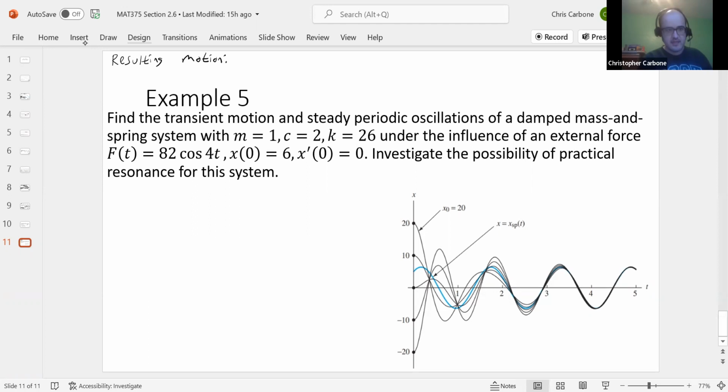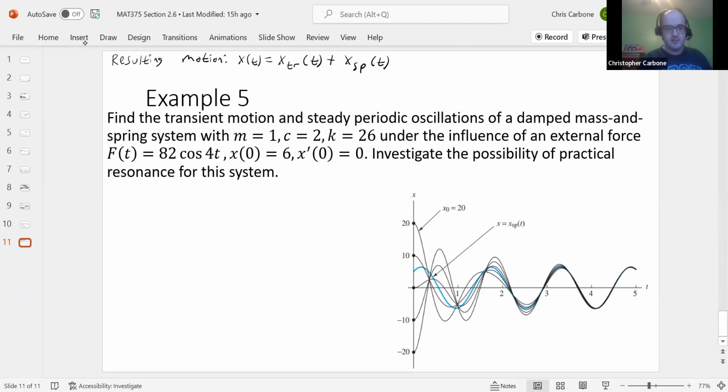So the resultant motion is going to be x of t is x sub tr of t, this is the transient motion, plus x sub sp of t, this being the steady periodic oscillation.